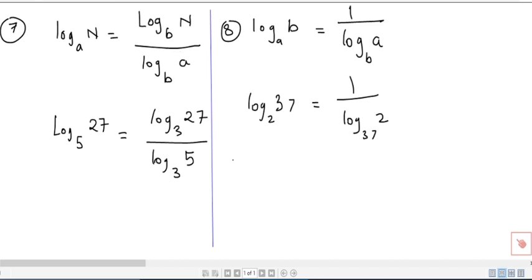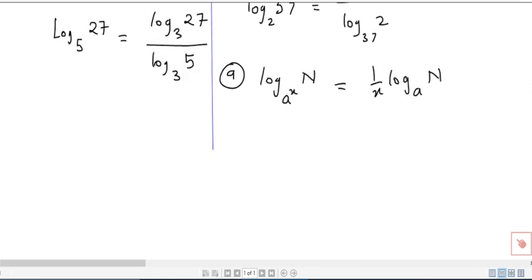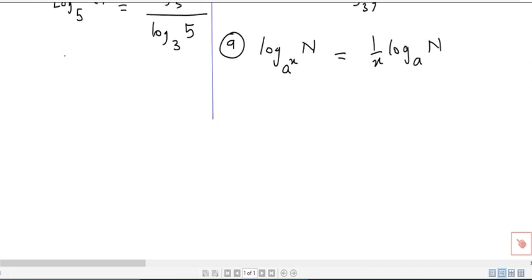Now let's discuss property number 9, which is important for you, and this is the last property. It says that if you have log and the base has some power like x, and the number is written here, then this will become 1 upon x log base a of n. To understand this, let's take an example.